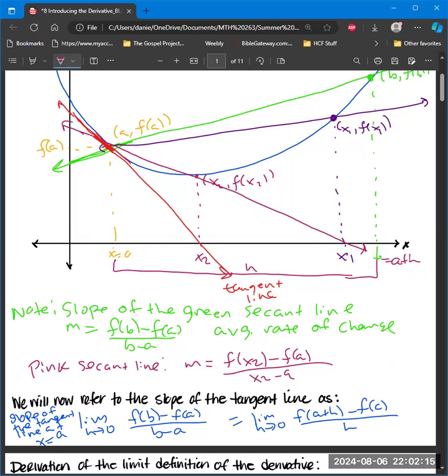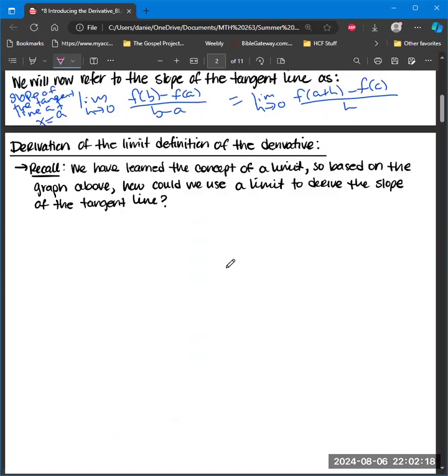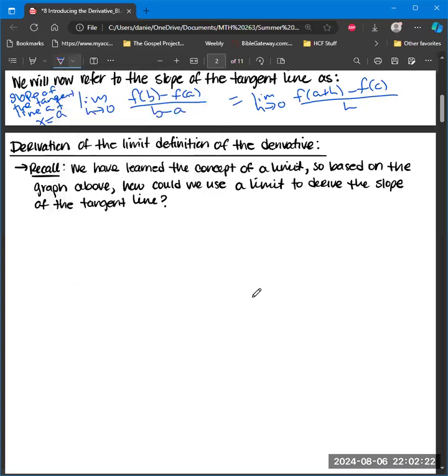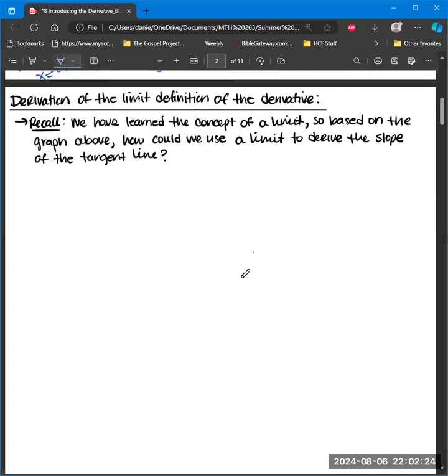So, all right, let's go ahead and recall that we have learned the concept of the limit. So based off of the graph above, how could we use that limit to derive the slope of the tangent line? So remember that m is equal to f of b minus f of a over b minus a.